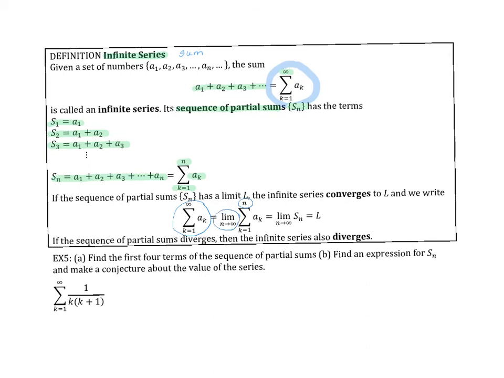So again, exactly what we did in 8.9. And then we're going to look at that summation, which is just sum S sub n. If that has a limit, then the infinite series converges. So if you have an infinite series, a summation going to infinity, to determine whether it converges, you just have to take the limit of the partial sums. So if the partial sums diverge, then the series will diverge as well.